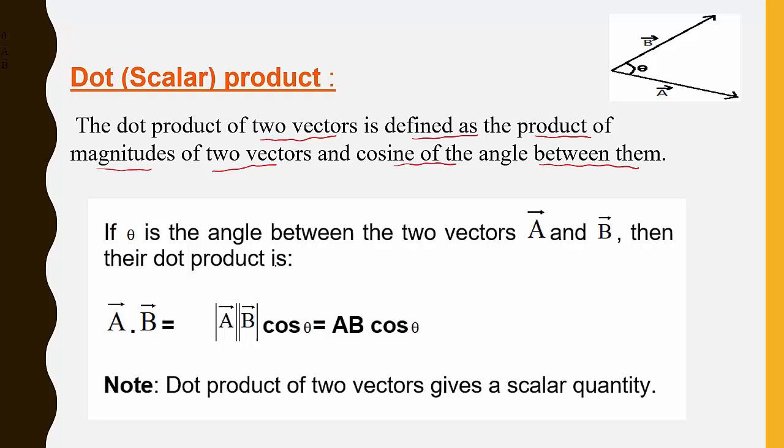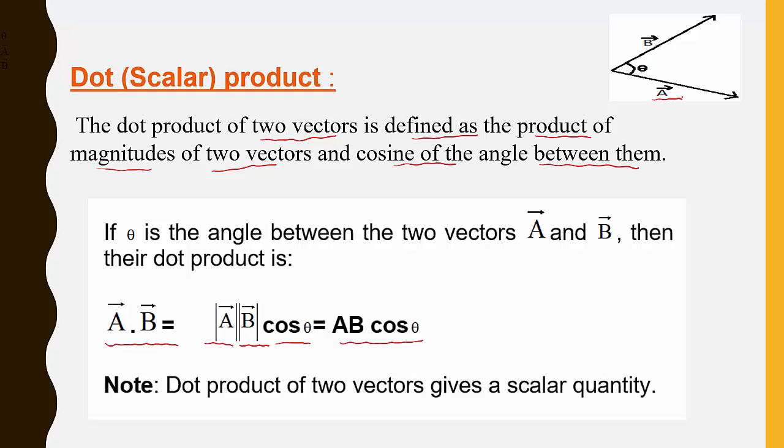Here you can observe the equation. Vector A dot vector B is equal to mod of A into mod of B into cos theta, which is equal to AB cos theta. This equation you have to remember. Observe this diagram. We considered two vectors.